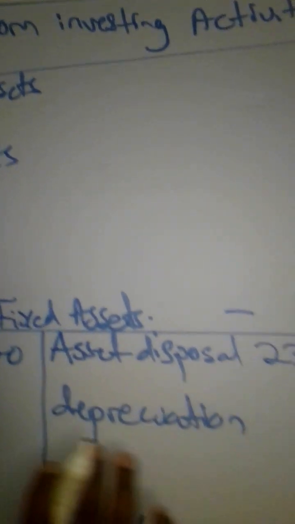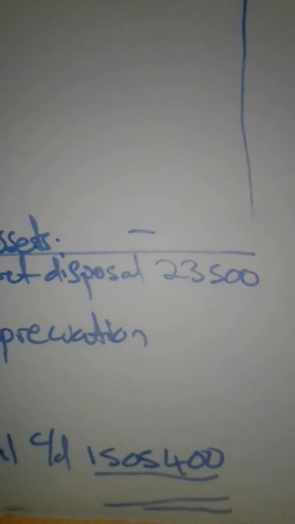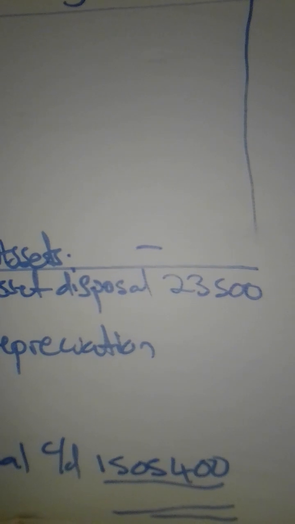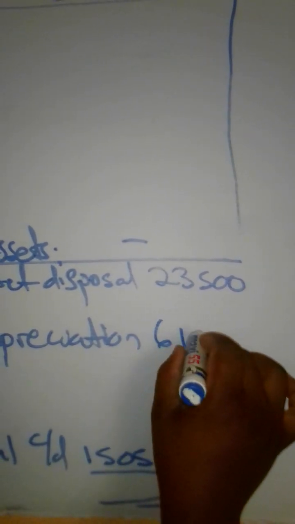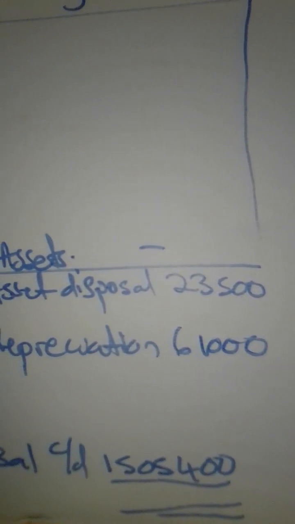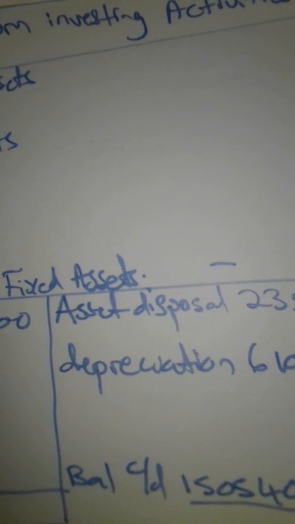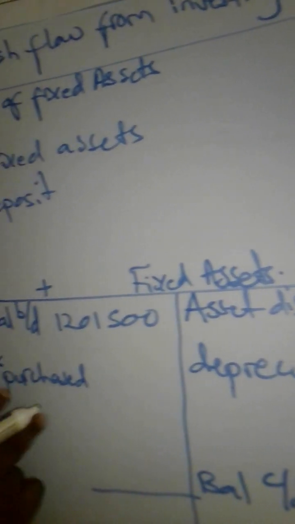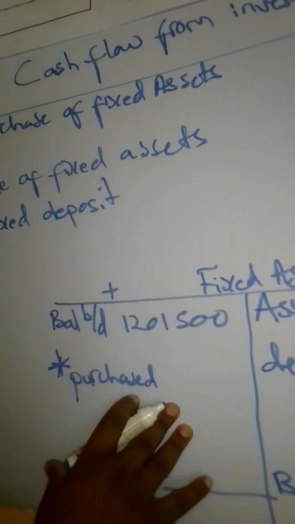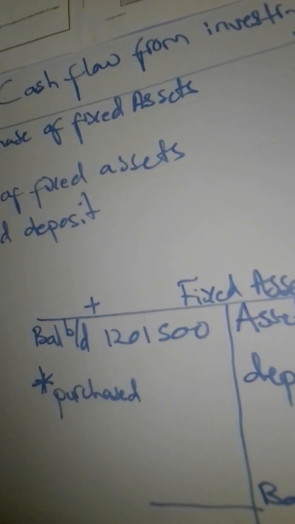Depreciation is given in the extract from the income statement as 61,000. So all the figures for the items I've mentioned are already there. The only missing amount is for the asset that was purchased, so it's going to be the balancing figure.